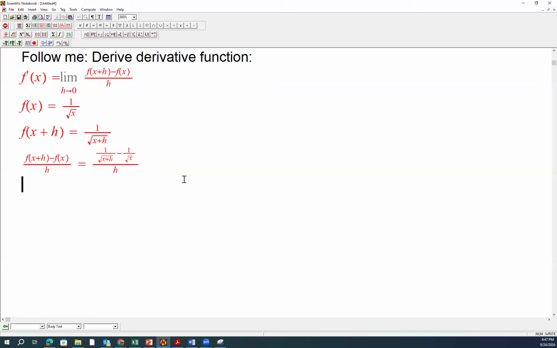Equals 2. So obviously we have a complex fraction. If you like, we can find the common denominator. The common denominator would be root of x plus h multiplied by root of x. Okay, you can just keep them separate because oftentimes it's much easier to handle it this way.